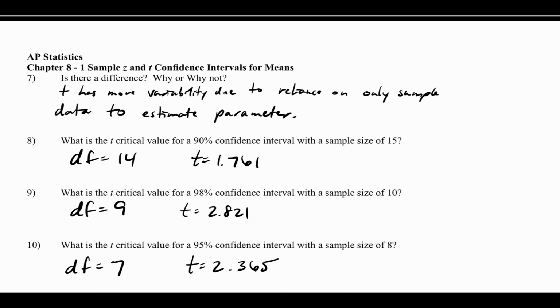Everything we can say to estimate is based off the sample. And there's a lot of sampling variability that can happen. Okay? So with more variability comes a difference. Okay? And then 8, 9, 10, T-scores. Okay?